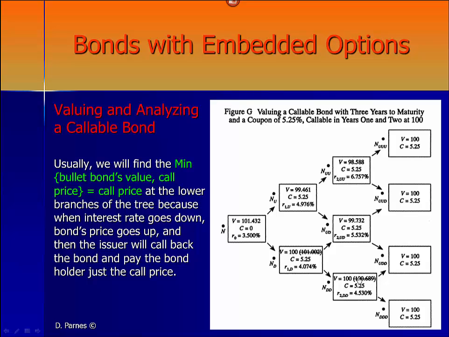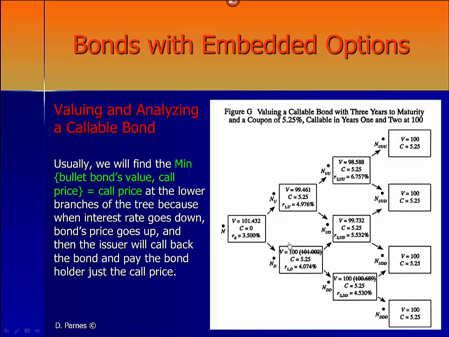This is exactly where the call option kicks in. Same thing here, you discount those cash flows plus the coupons using this interest rate, and you record the valuation. But once again, whenever it exceeds $100, which is the cap price, you take the minimum between the valuation of a straight bond and 100, and you record 100 here.